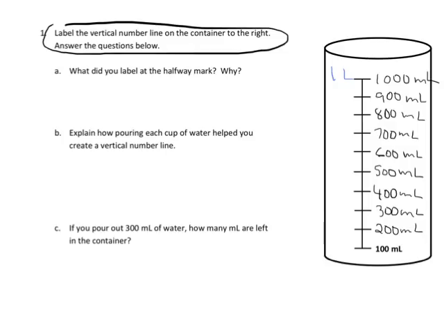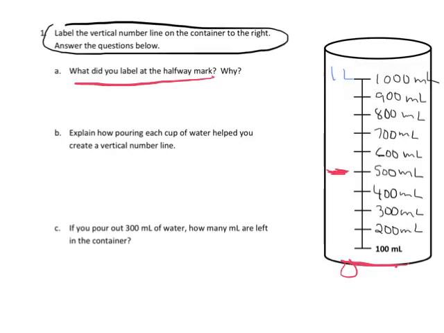Then let's get back to the problem. What did you label at the halfway mark? Well, now we know the halfway mark is 500, because down here is 0, and so half of that would be 500.